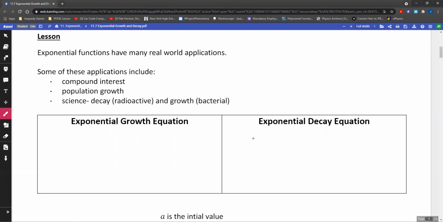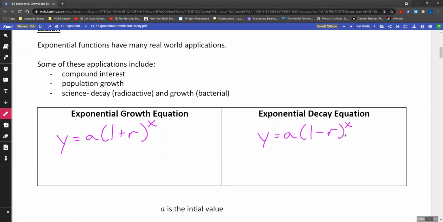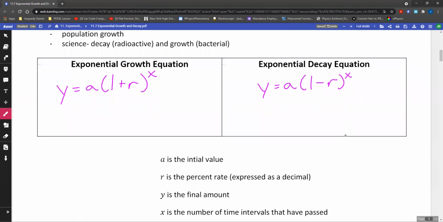So just as a reminder, the exponential growth equation is modeled with this equation, and the exponential decay is modeled with this. Note that the main difference between these two equations is the plus being turned into a negative.